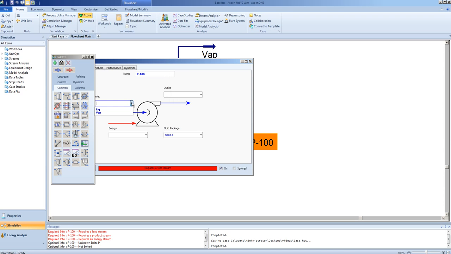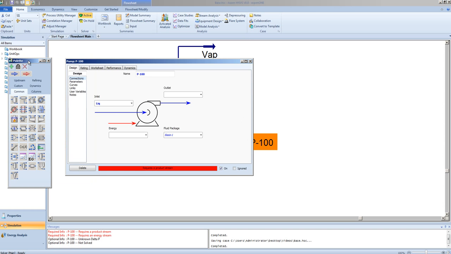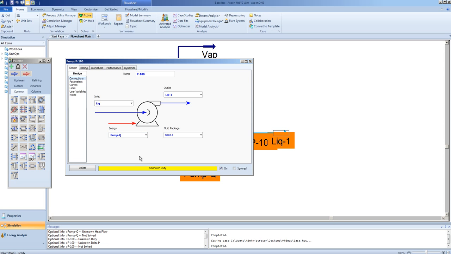Your liquid will be your inlet. Your outlet is going to be your liquid 1. Name it as you see fit. The energy stream is going to be the pump dash Q, or W, whichever you choose. They're telling you here basically that the pump has an unknown duty.